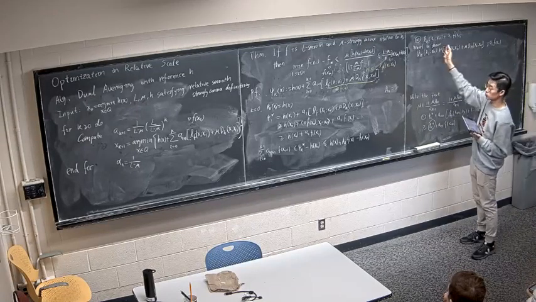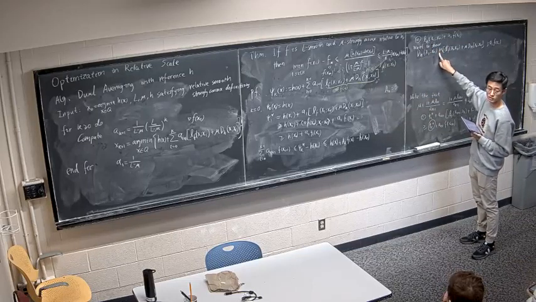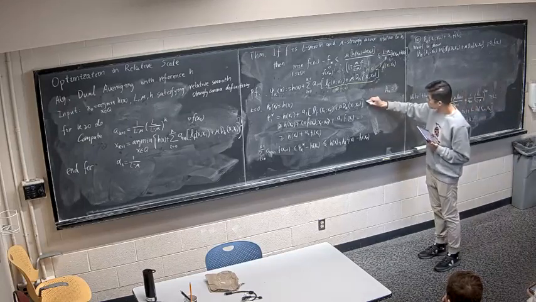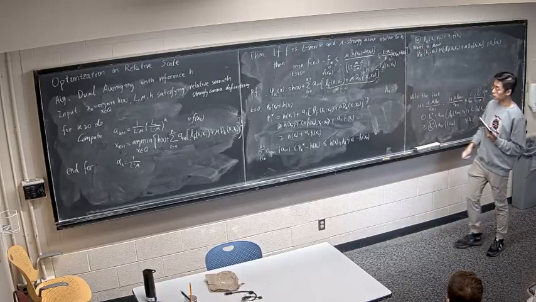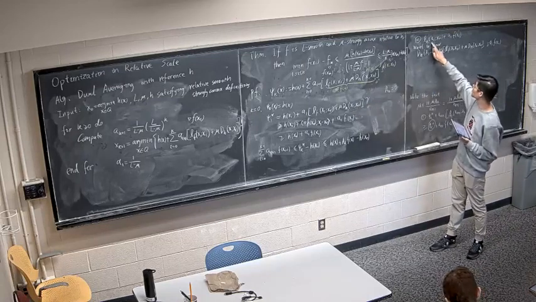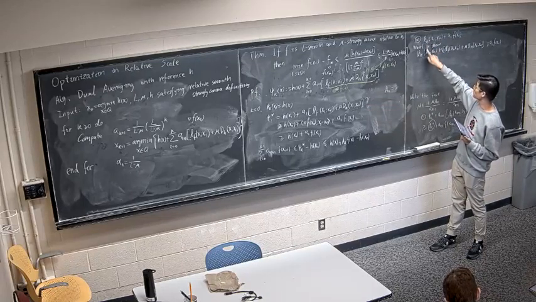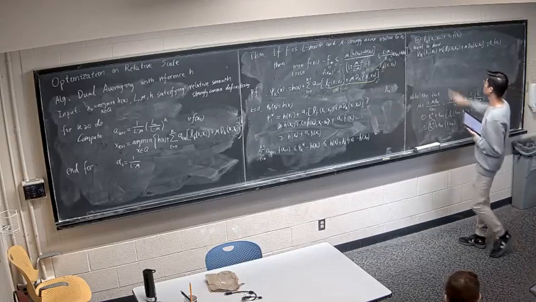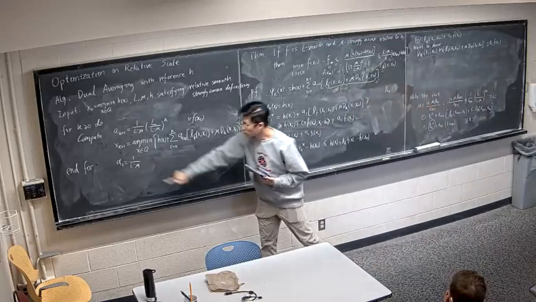Just move this term to the left, and h of x1 minus this linearization gives you this Bregman divergence. You want to show this line is greater than or equal to this line. I'm showing you this derivation here, right? And I'm saying this line is equivalent to this line. So I want to show first line greater than or equal to this line. To show that is equivalent to show this one. And this A1, we just figured out A1 is 1 over L minus mu.